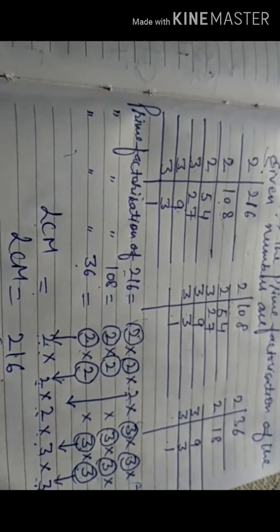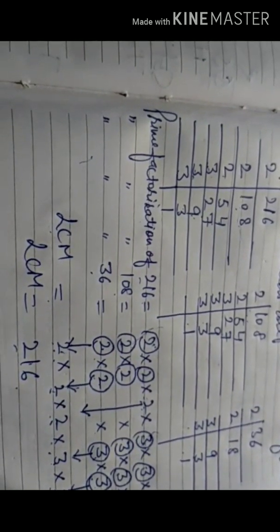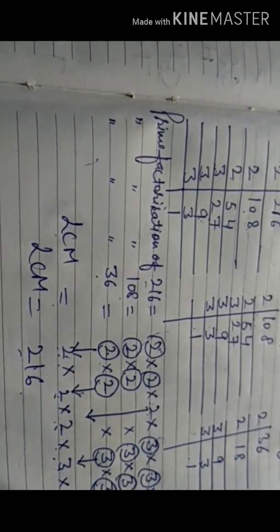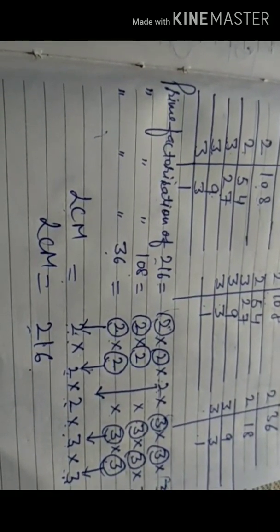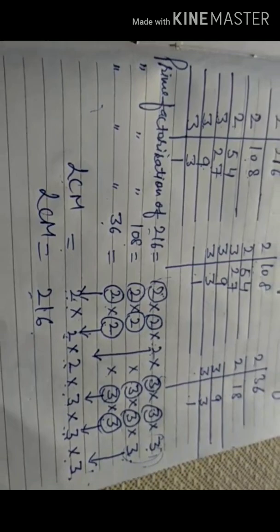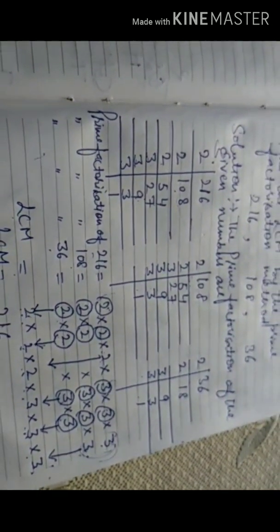In this way you will find the LCM by the prime factorization method. For finding the LCM, you will multiply the common factors and non-common factors.